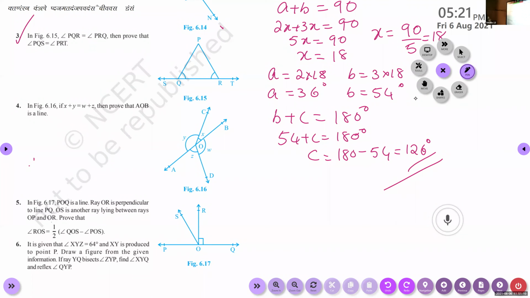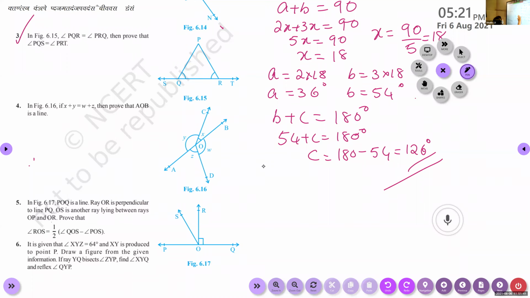Angle PQR equal to angle PRQ. Okay, these two are equal. Prove that angle PQS equal to angle PRT.